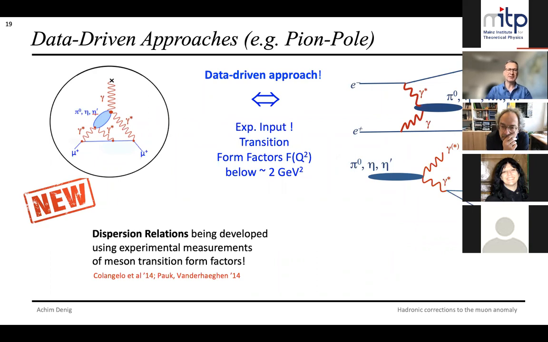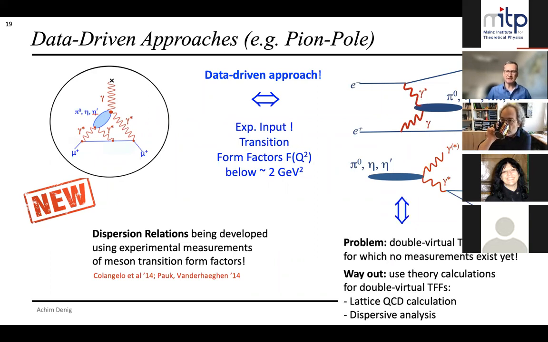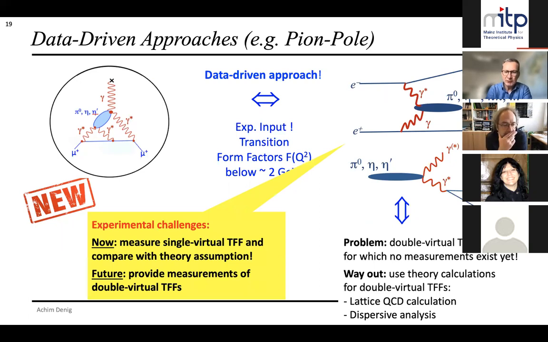However, the problem is that really what is needed in this dispersive approach is a double virtual transition form factor, where both photons here are virtual. And the problem is that presently we don't have data for these transition form factors. So actually what one uses for the time being are lattice QCD calculations or dispersive analysis of exactly these transition form factors, the double virtual transition form factors.